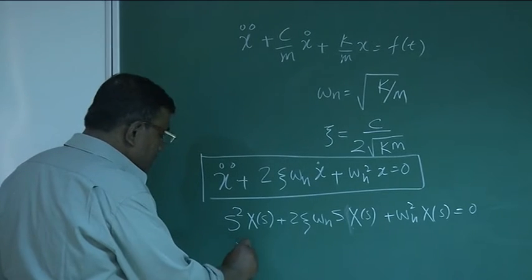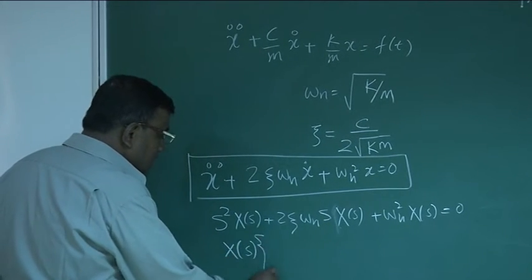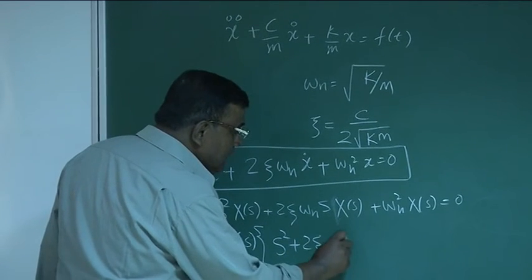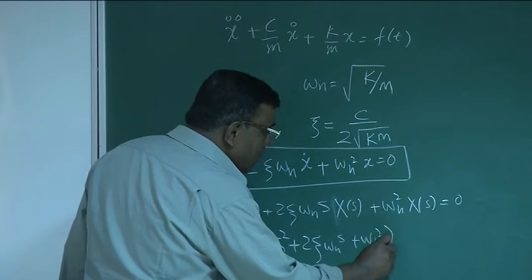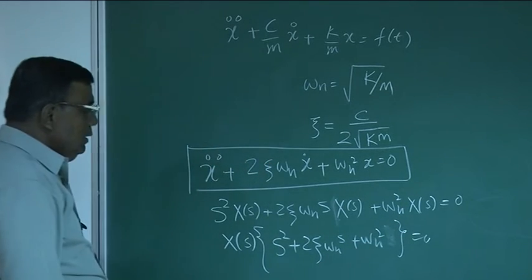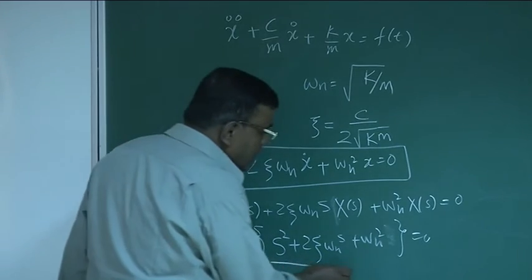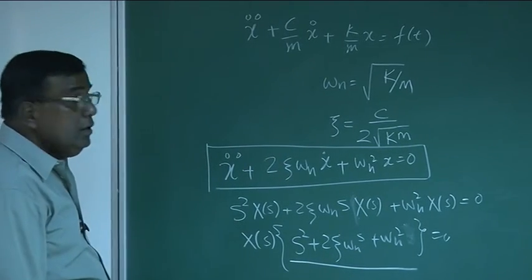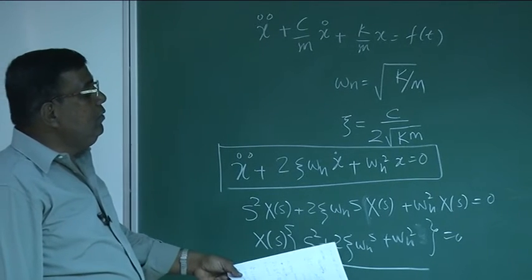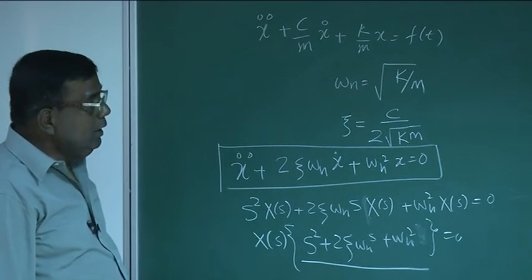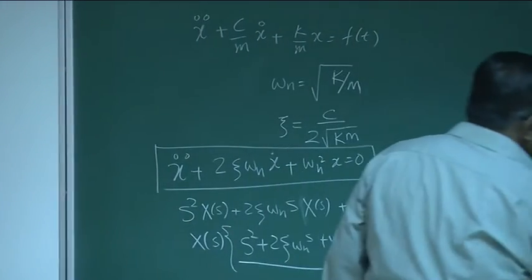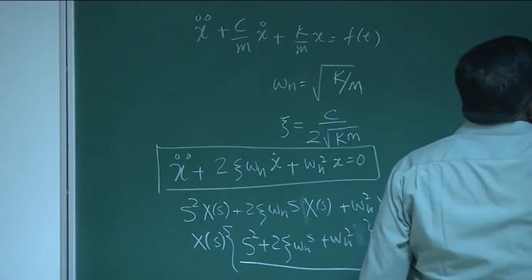So our equation becomes s square plus 2 zeta omega n s plus omega n square equal to 0. So this equal to 0 is our characteristic equation for a second order system in Laplace transform using the definition of zeta and omega n. I have gone very briefly, but I thought it's worth mentioning this. Those who are interested can read further.